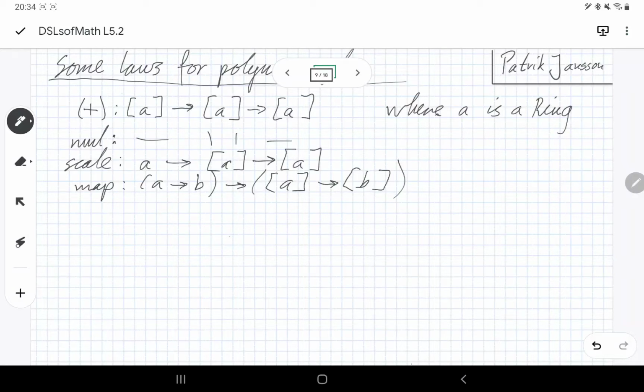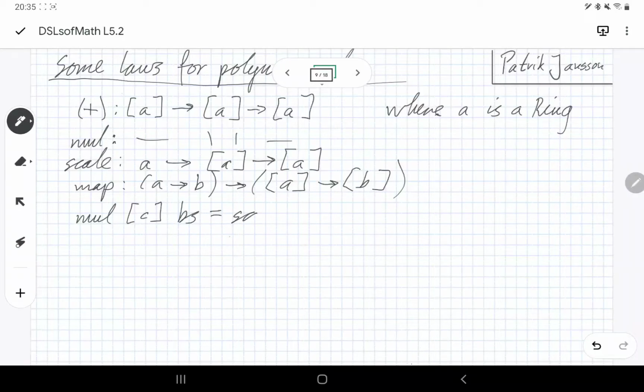Okay, so now some things we want to use later. So if we multiply a singleton list, so just a constant C, by any list of coefficients, then we would like this to be the same as scaling. So if this polynomial is always a constant C, then multiplying that with the coefficients here should be the same as scaling all the coefficients.